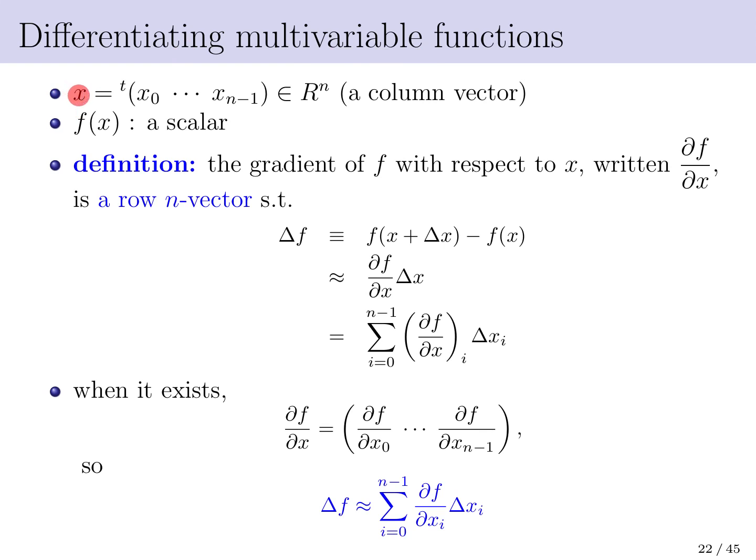So let's say the input to the function, x, is an n element column vector. So f of x is a scalar. In the case of a neural network, f is going to be the loss function. So here's the definition of the gradient of f with respect to x, which is a vector, still written as df over dx.